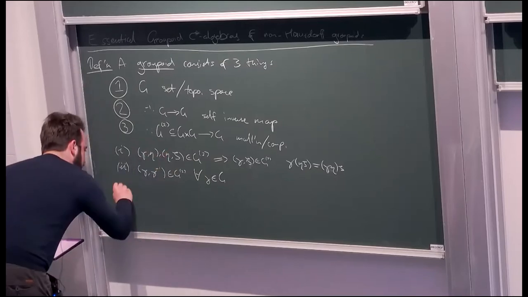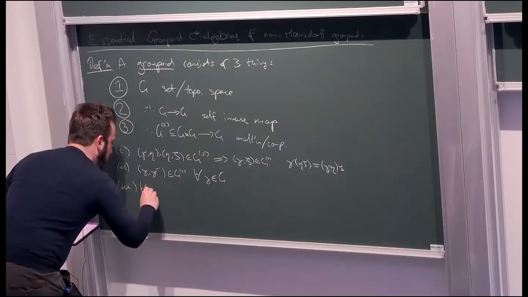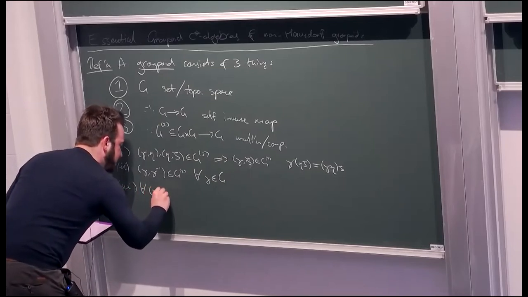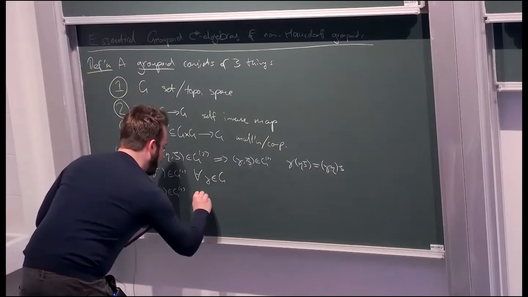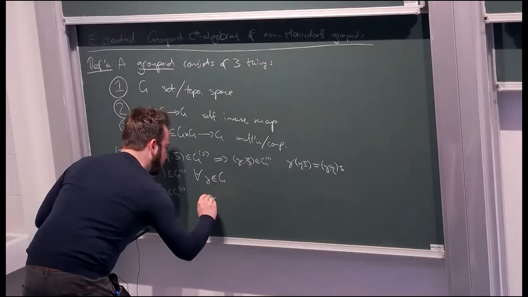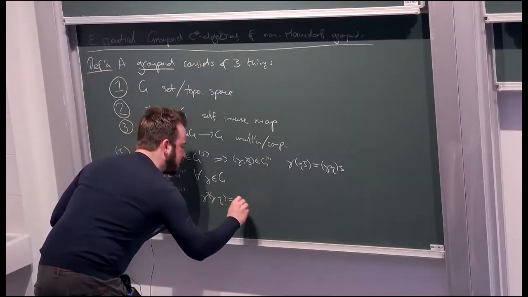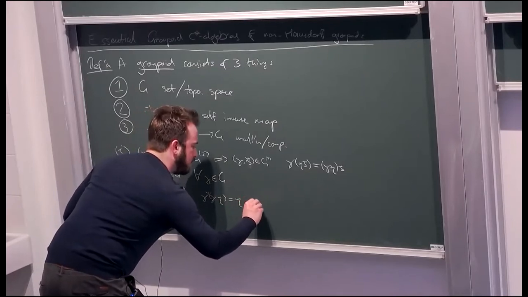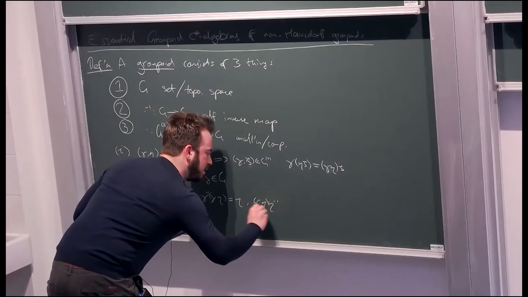So for all gamma and eta which are composable, we need that gamma inverse gamma eta should be equal to eta, and gamma eta eta inverse should be equal to gamma.